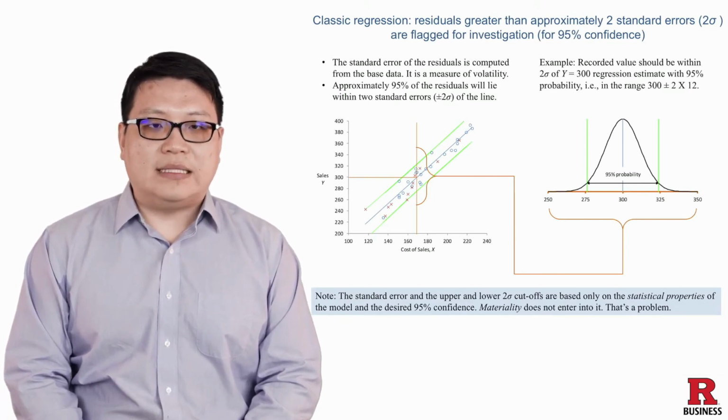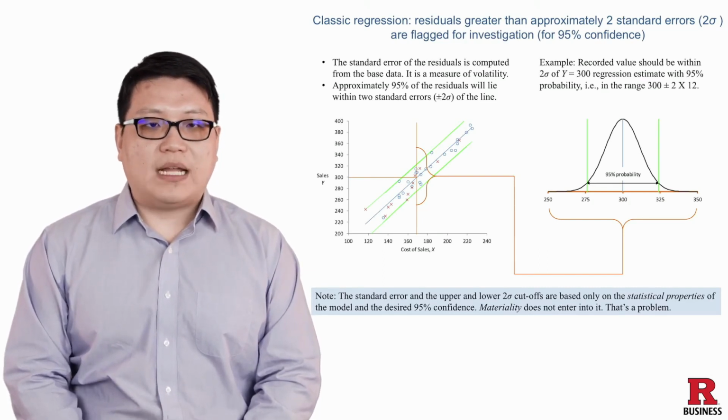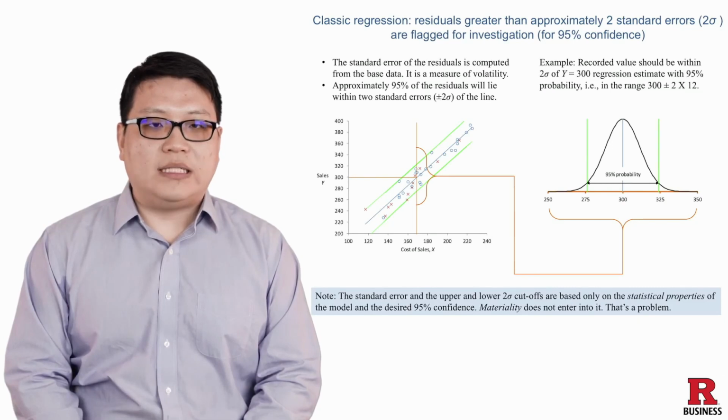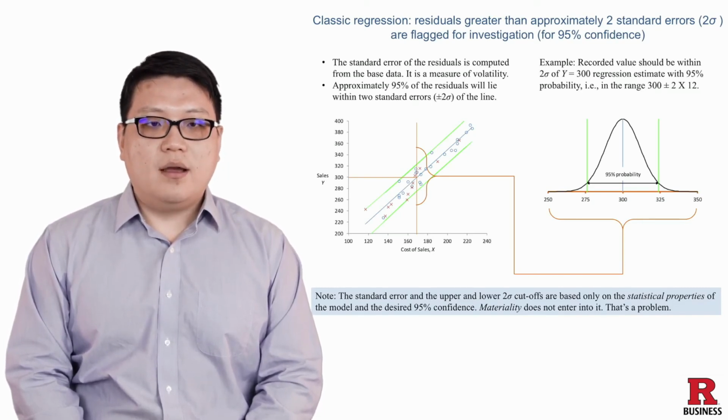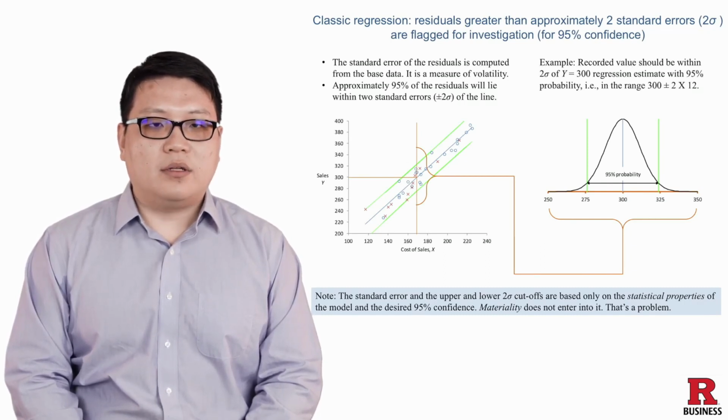In other words, if we examine a data point, it should have a 95% probability of being within the range. Adding those two into this regression model, we can find that a majority of the new observations in the current year are within the range, and there are two dots, those X marks, that seem like outliers. Those two dots can be marked by auditors as red flags for further investigation.